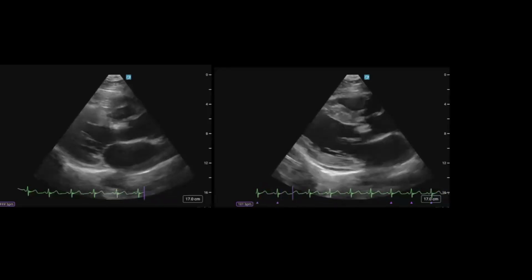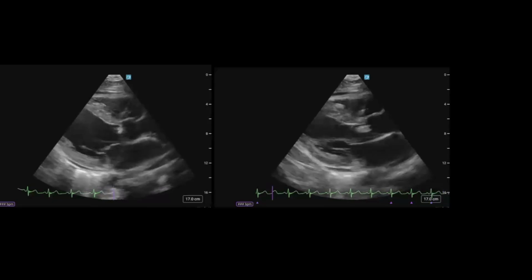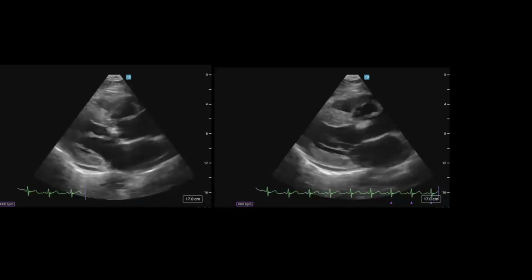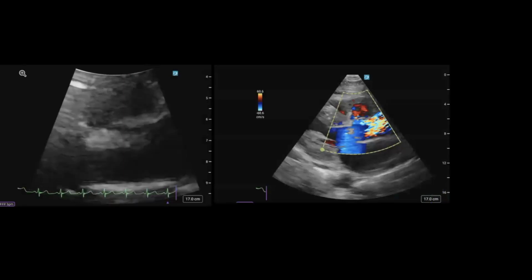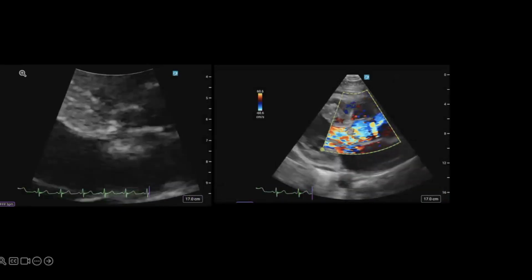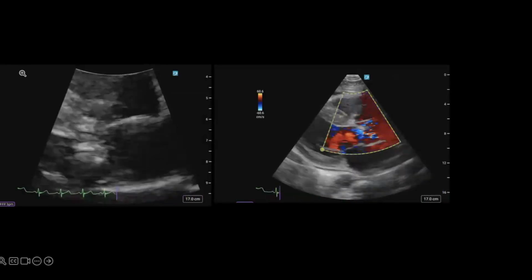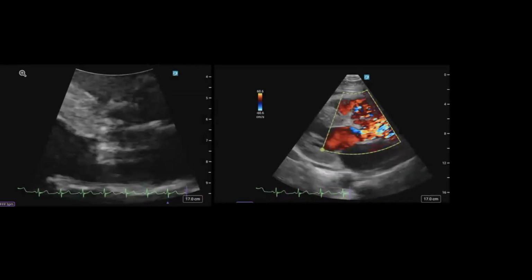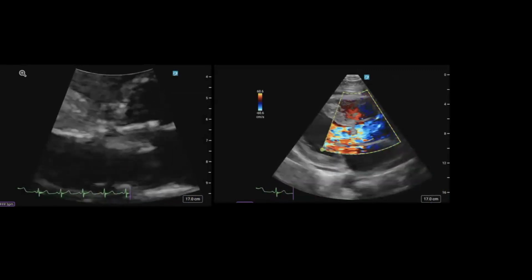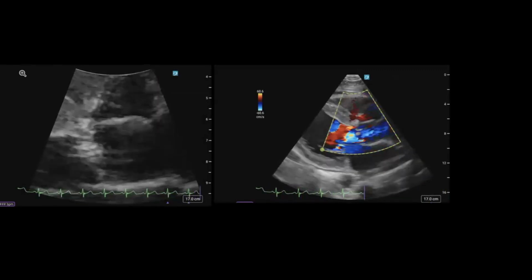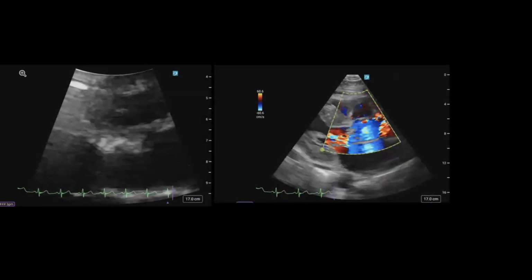In the parasternal long axis, you can see that there's a large mass on his aortic valve. Let's zoom into it and get some color flow. Anything bother you with that color flow? Too much. Also, it's going back into the LVOT.